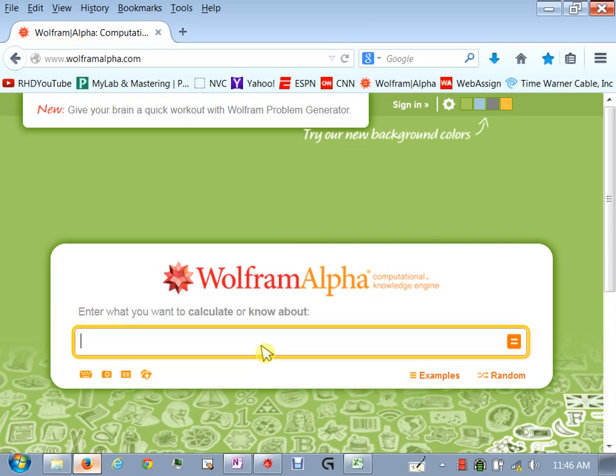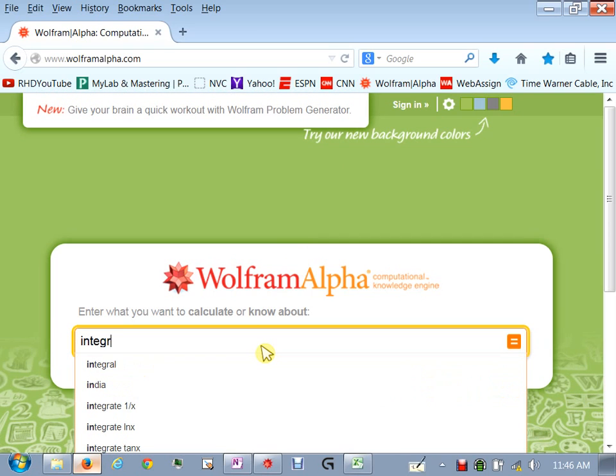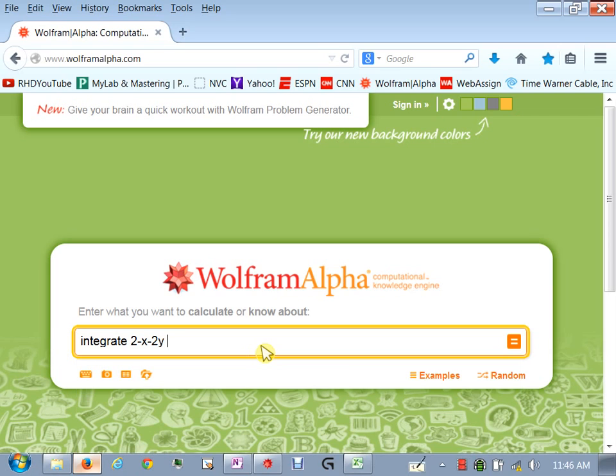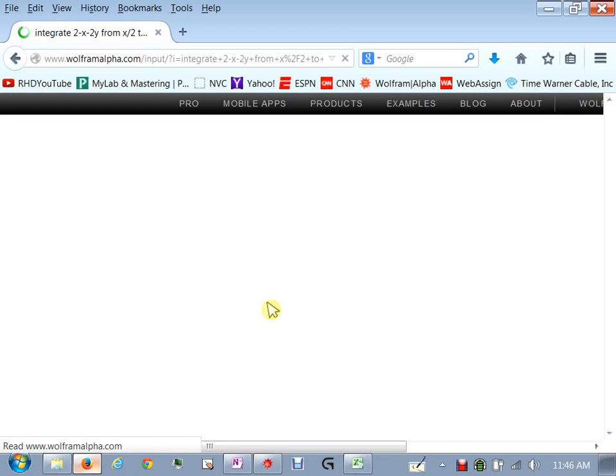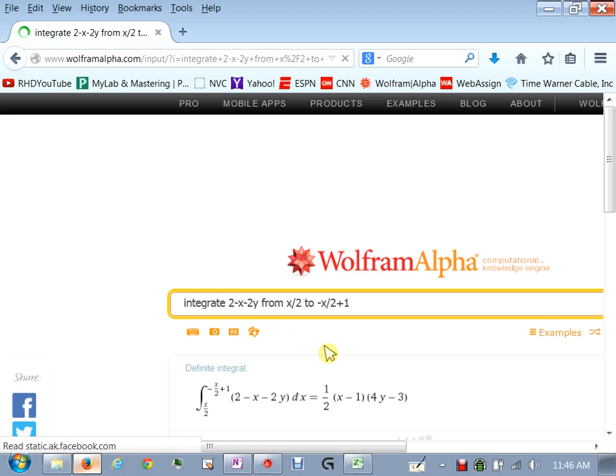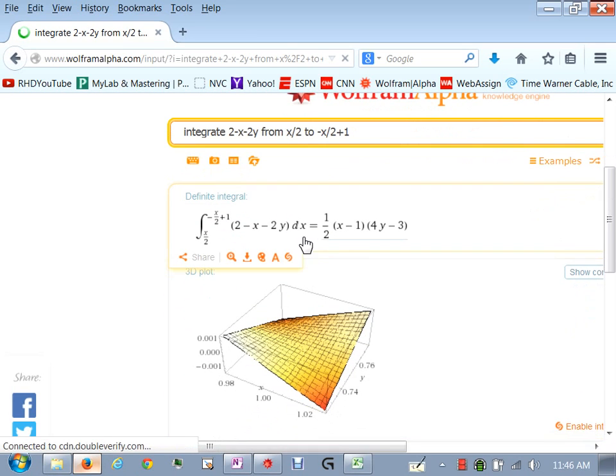So let me see. Integrate 2 minus x minus 2y from 1/2 x, so x over 2, to negative x over 2 plus 1. Right? So that's the first integral. Let's see what it does. See, good. It said dx. Is that what we wanted?